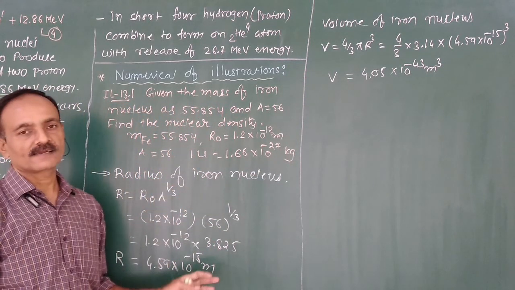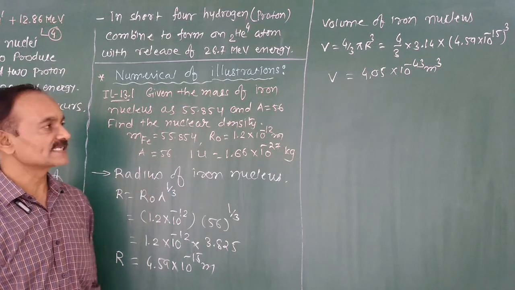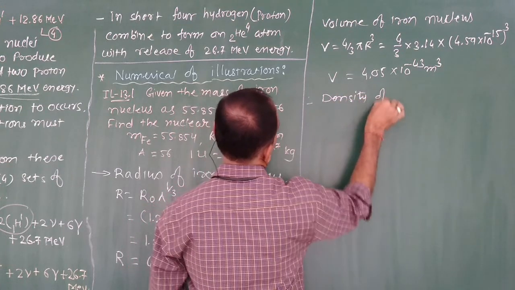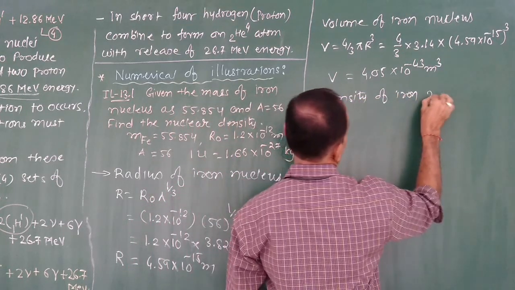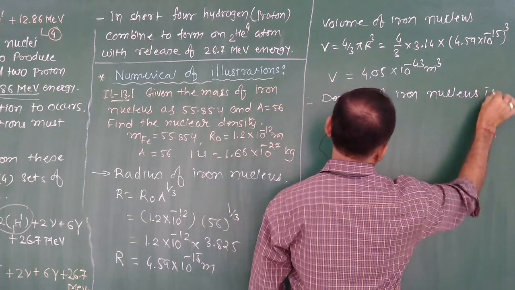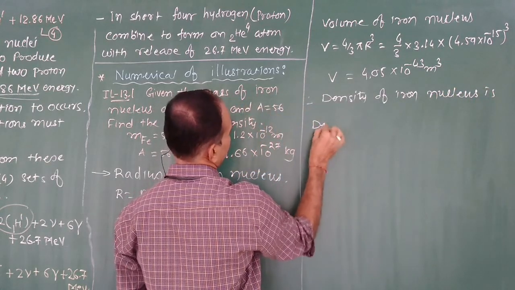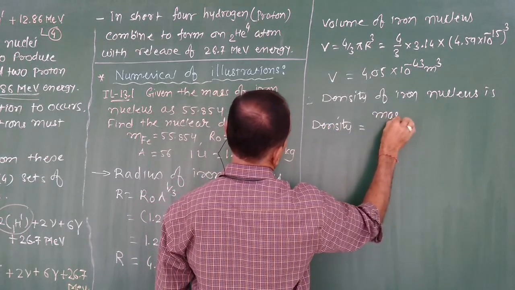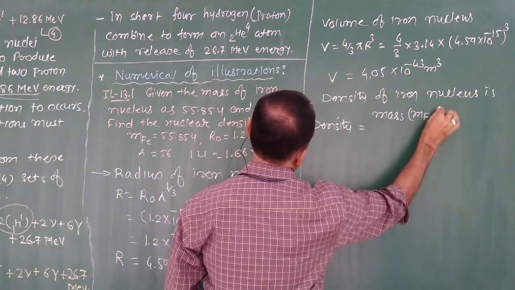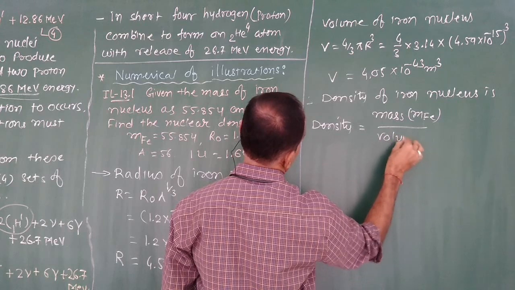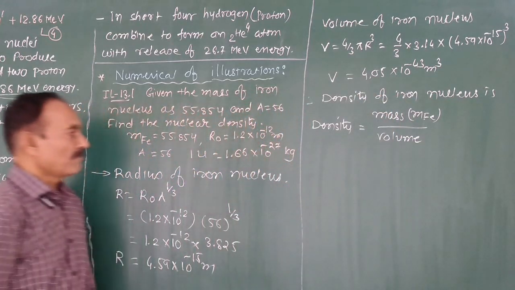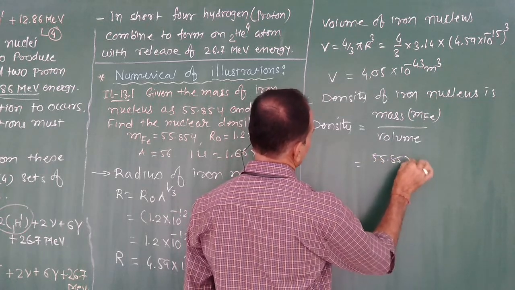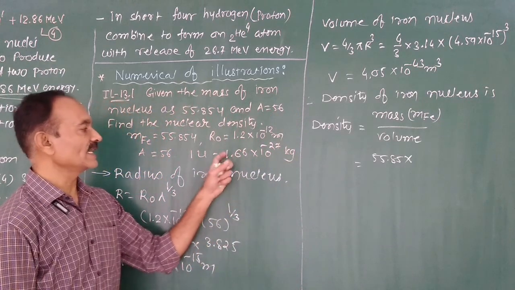Now mass is given, volume we obtained, therefore the density of iron nucleus is equal to mass upon volume. Mass of the iron nucleus is given 55.85, that is in atomic mass unit, convert into kg.